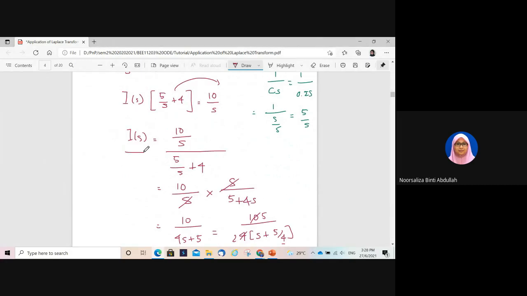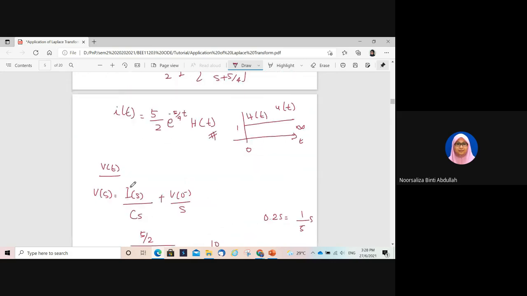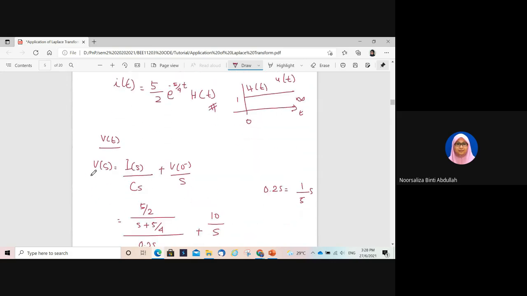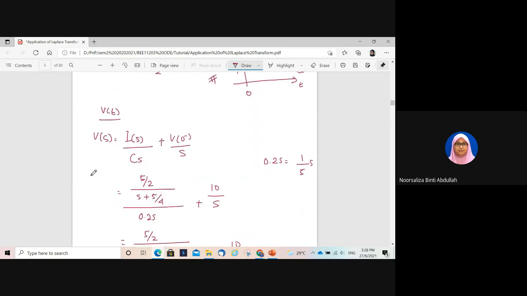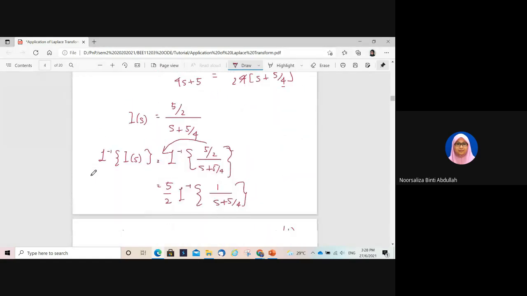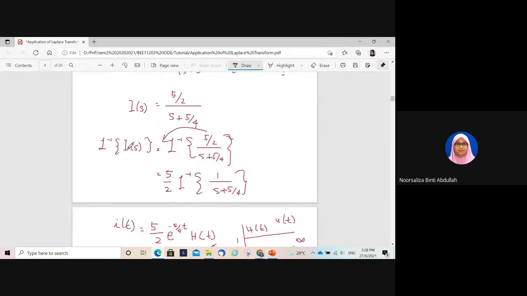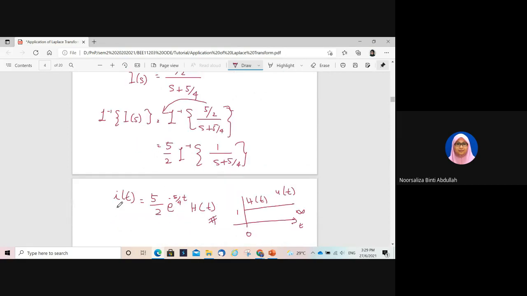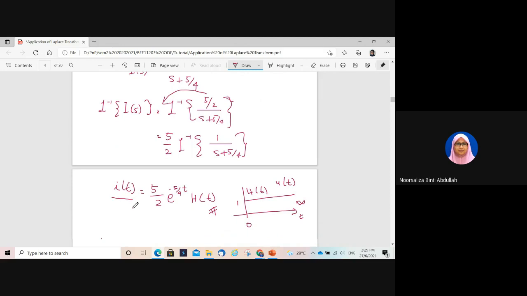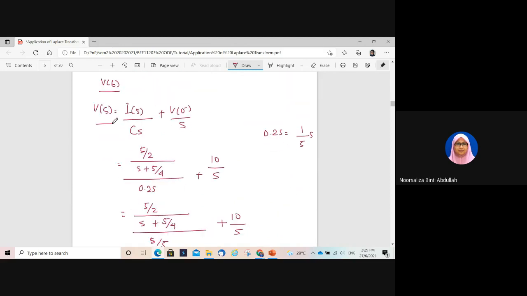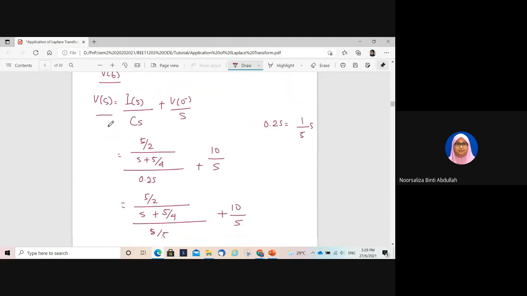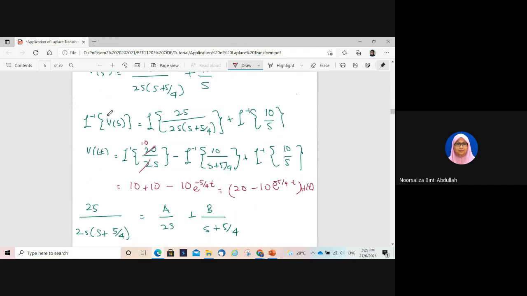Usually selalunya kita akan dapatkan current dulu. We calculate the current and then kita boleh dapatkan dia punya voltage. You get it in the S domain, and then you use the inverse to get the time domain. Same goes to the voltage. You analyze in S domain and then you use the inverse to get the Vt.